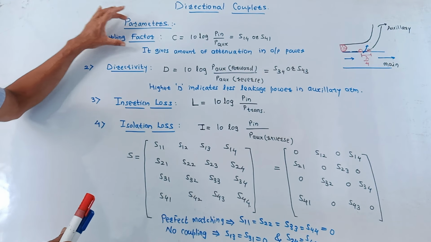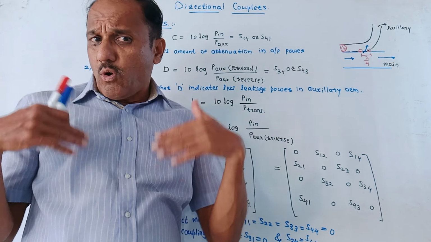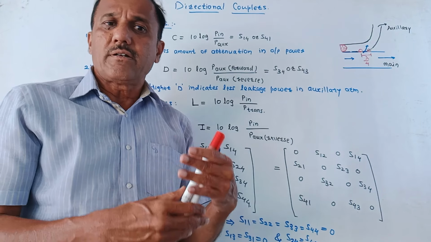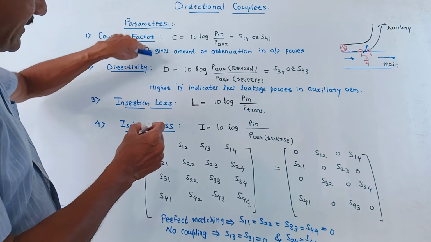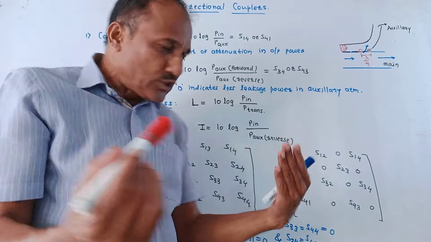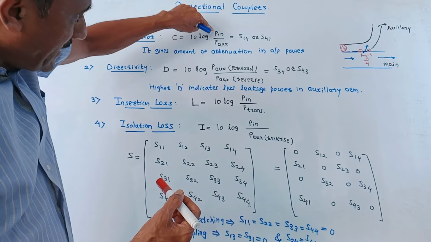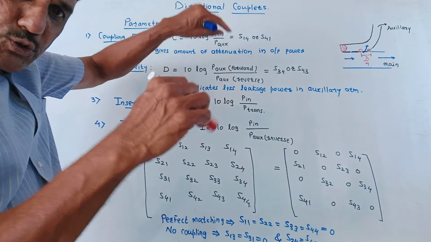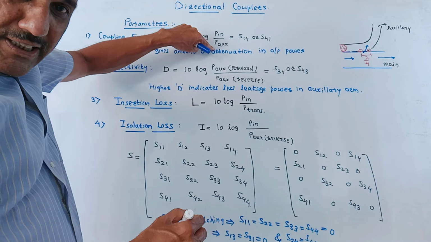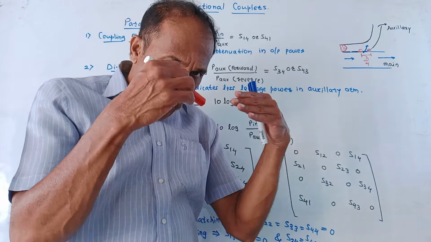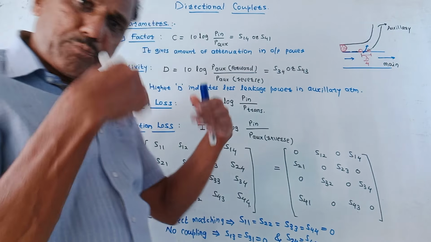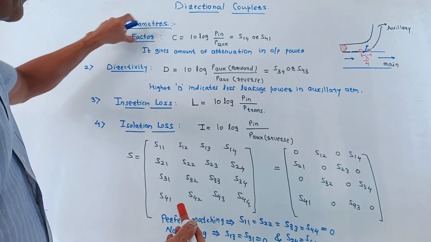Now first parameter, coupling parameter. Now look, you people do not need to mug up these definitions. If you just remember this simple formula, you will be in a position to write the definitions on your own. So coupling factor is denoted by C. Every parameter is expressed in decibels. So it is 10 log ratio of P in upon P auxiliary. PAUX stands for auxiliary power. So it is the ratio of input power to the auxiliary power. That means whatever power is applied at the main waveguide to the power available in the auxiliary waveguide expressed in dB, decibels, gives the value of coupling factor.